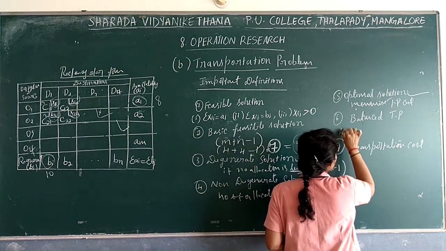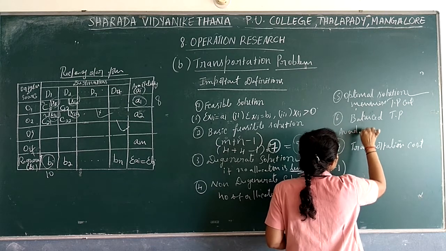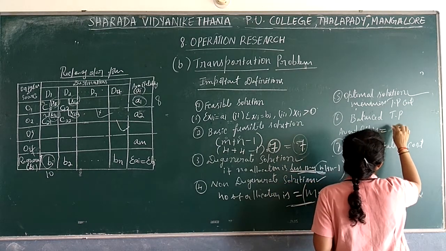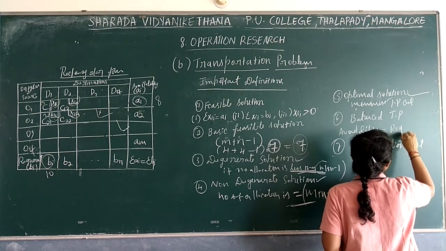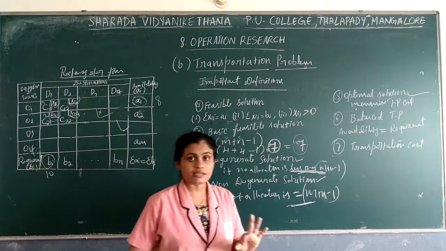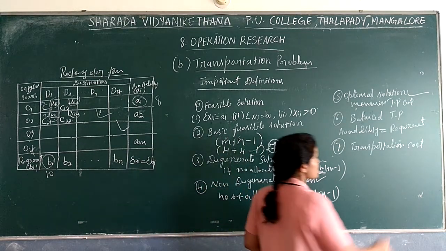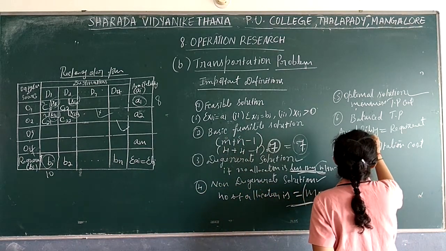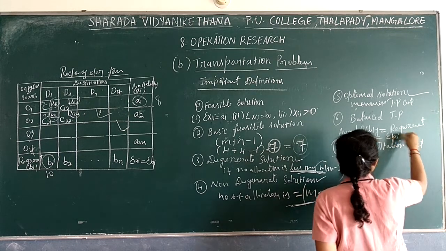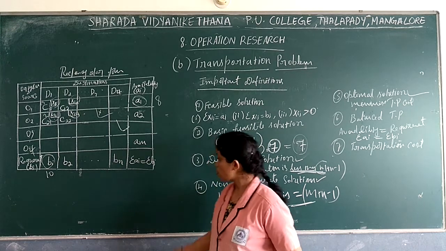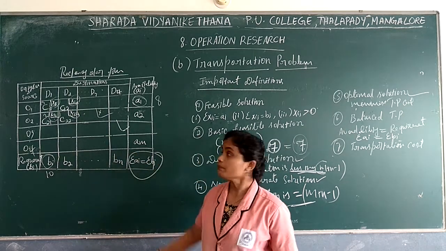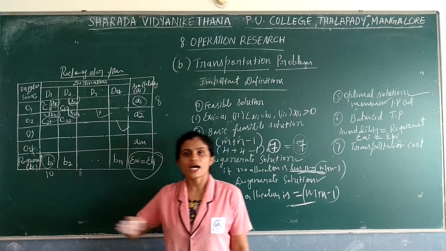When availability is equal to the requirement, or symbolically, sigma ai is equal to sigma bj, when your availability matches the requirement.